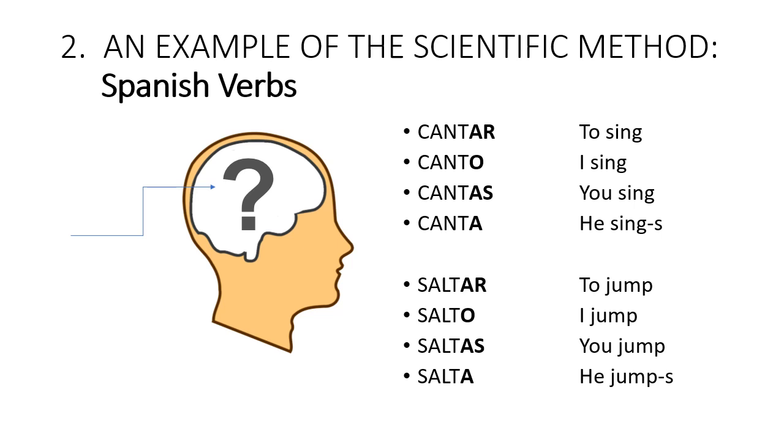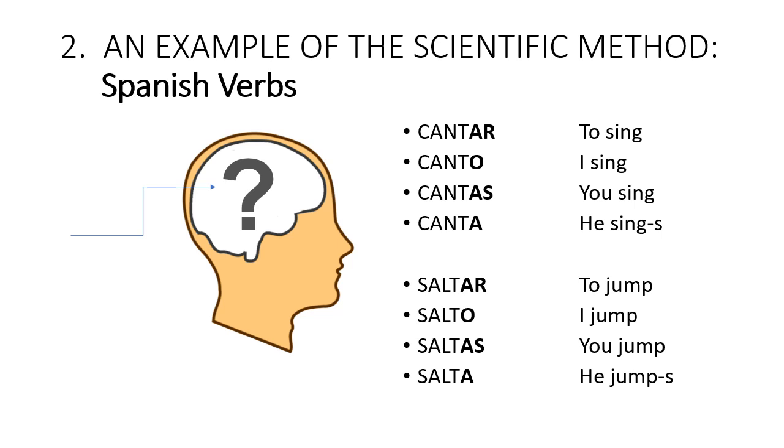Now notice that, let's take the verb cantar for example. We can see that there are two parts in all these forms. There's one part that we call the stem, and in this case the stem is cant. And how do we get the stem? We go to the infinitive and we take out the ending for the infinitive, which is AR, and that's how we get the stem.